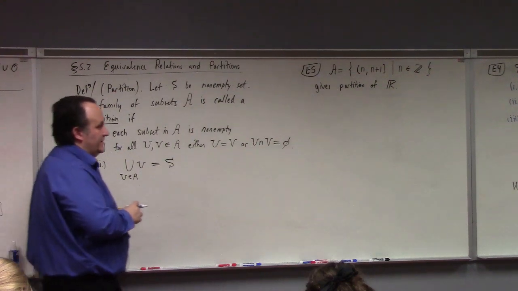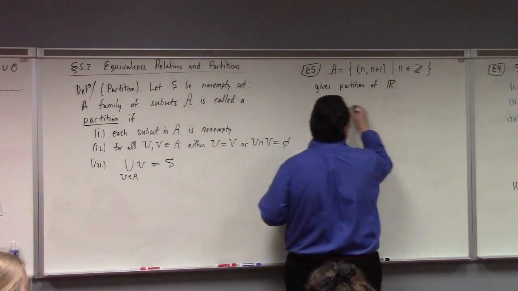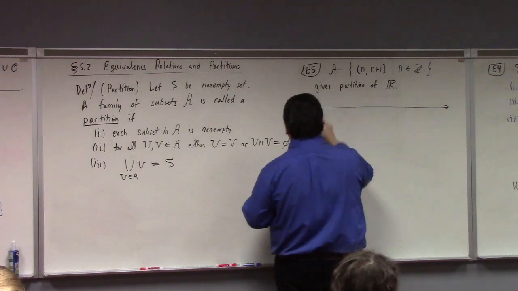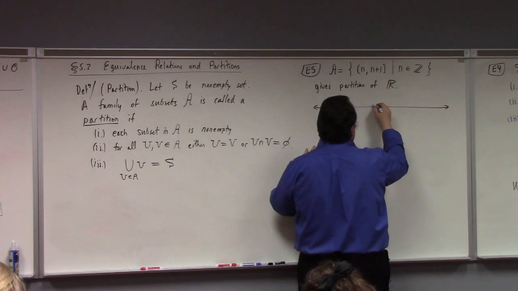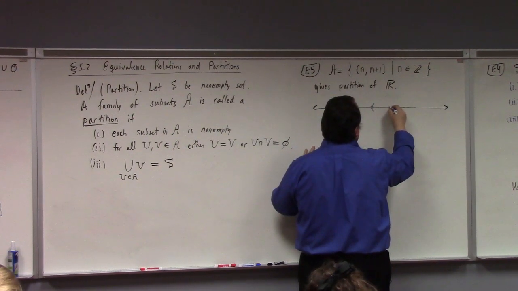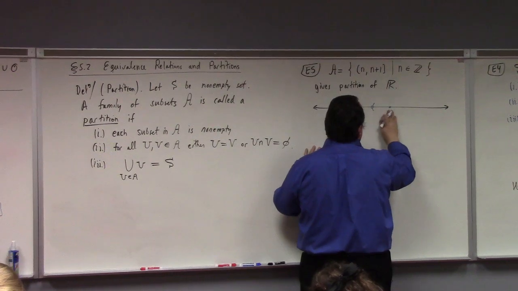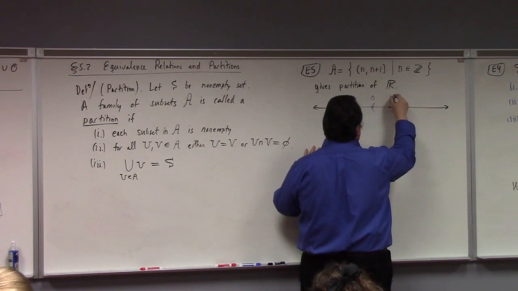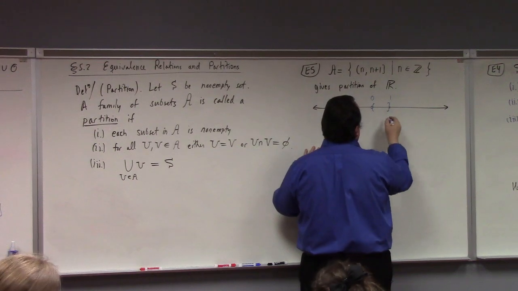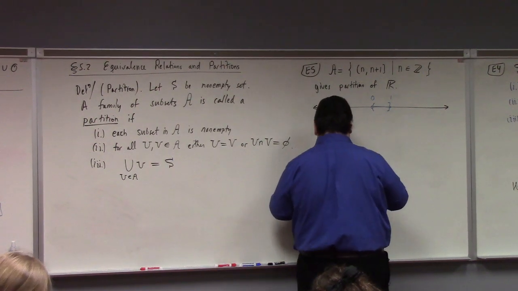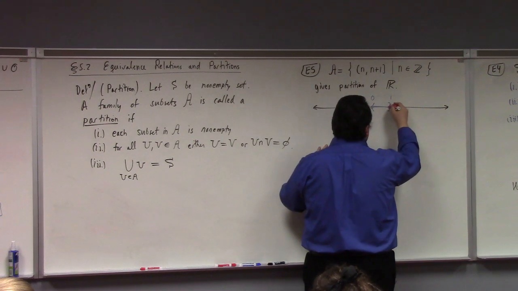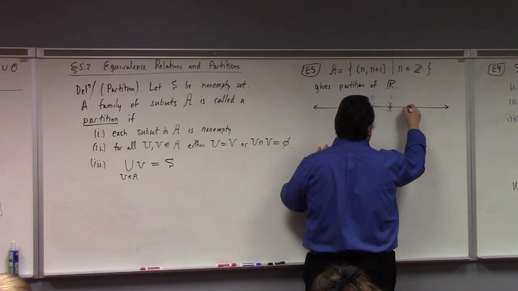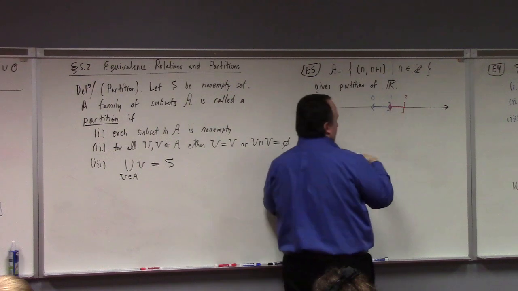I can draw a picture of it. Here's my number line, and you've got 0 to 1. That's one of them. Next up, 1 to 2, and so forth and so on.